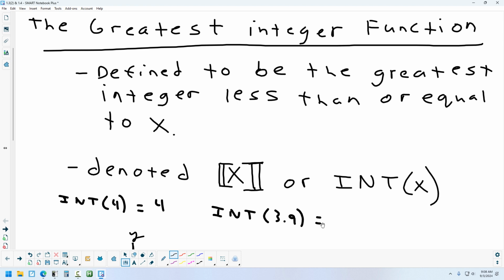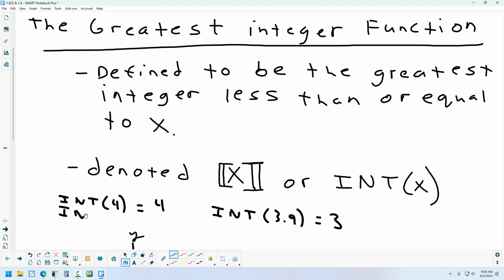Yeah, 3. So what happens in the integer function is it kind of jumps all of a sudden. 3.9, 3.95, 3.96, 3.97, those are all 3. Then all of a sudden you get to 4 and it jumps up.